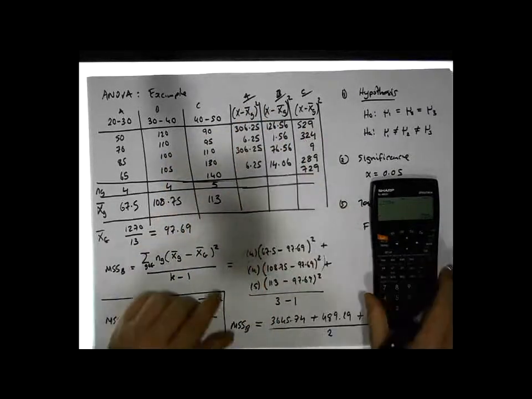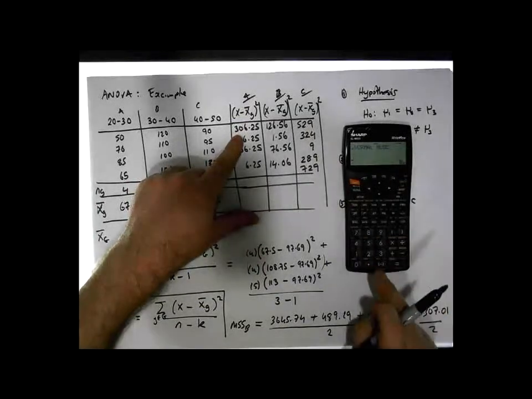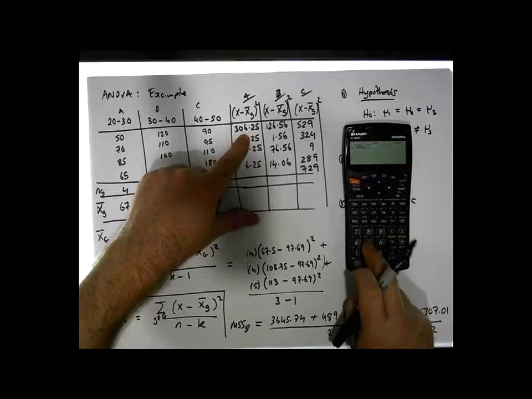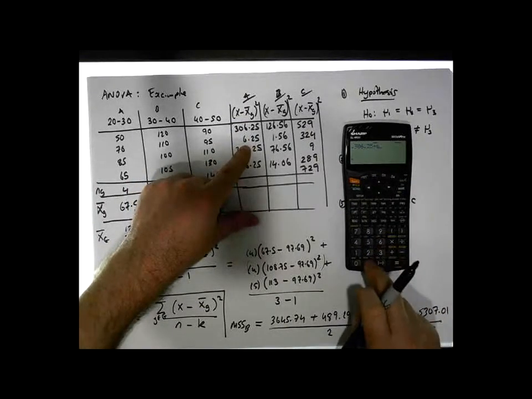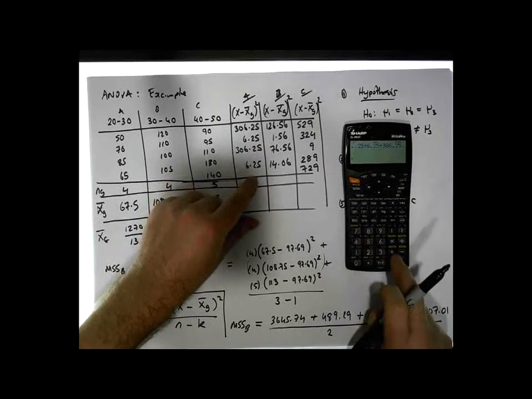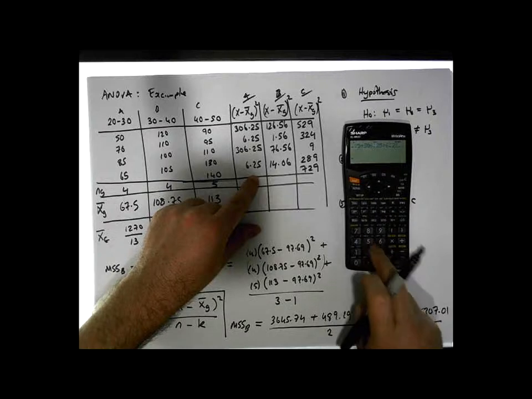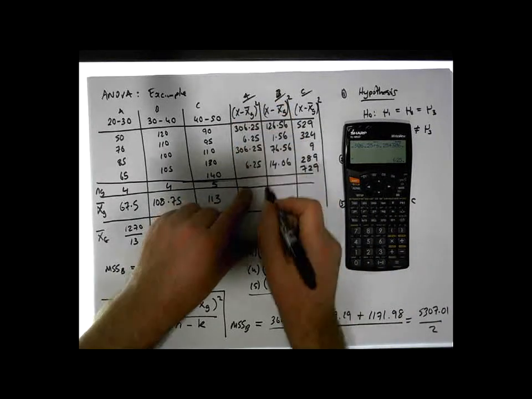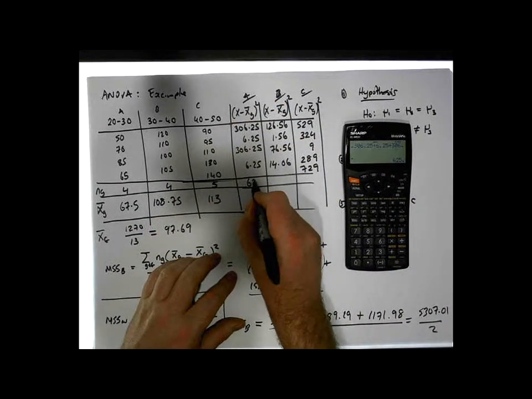So let's just sum up each column. We have 306.25 plus 6.25 plus 306.25 plus 6.25, which gives us the sum of squares for group A as 625.